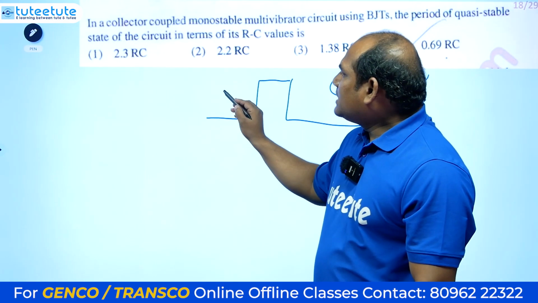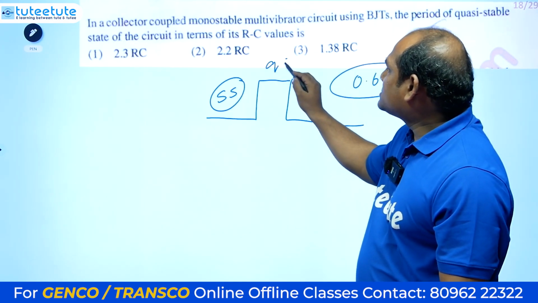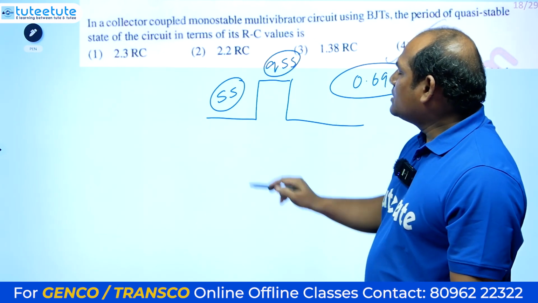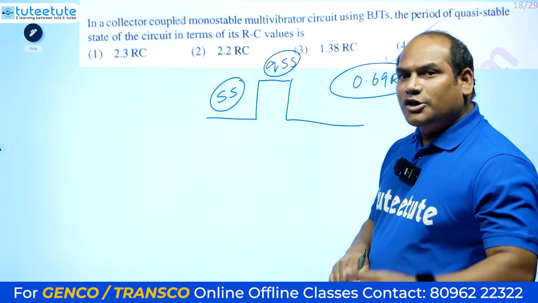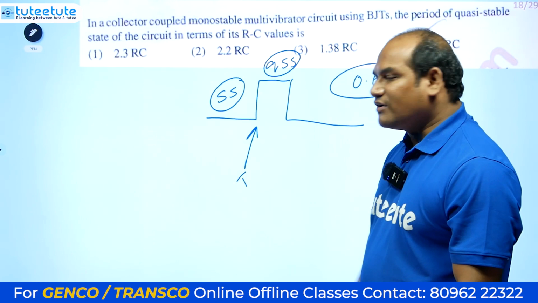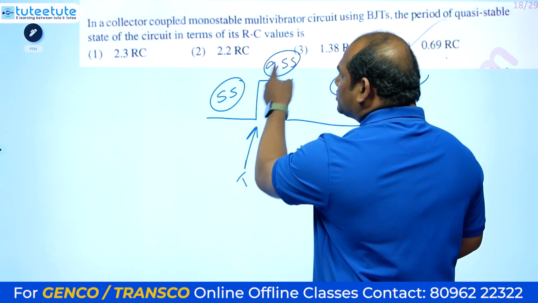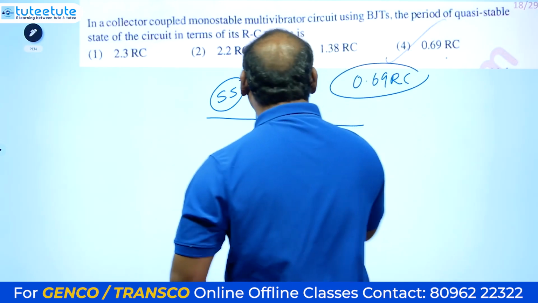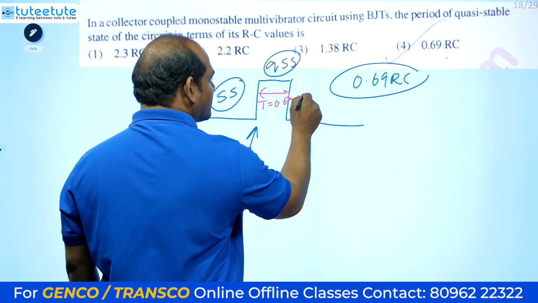In a monostable multivibrator, only one stable state and one quasi-stable state are there. I am taking the lower level as the stable state. In order to change the stable state, you need to apply a triggering input. When you apply the trigger input, the state changes to the quasi-stable state. How long does it stay there? T is equal to 0.69 RC.